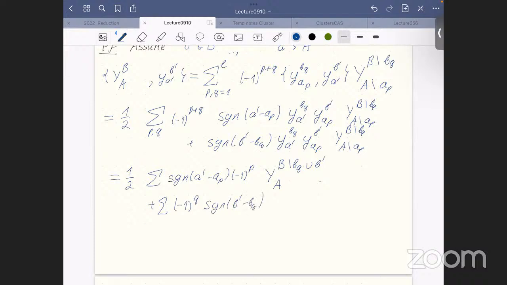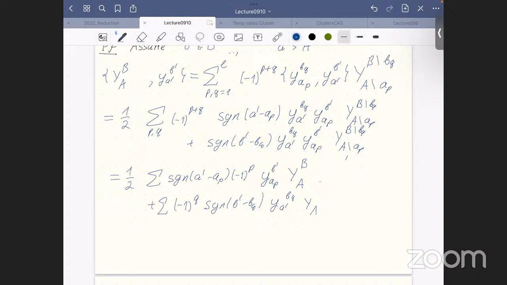We get similarly Y A prime BQ, and here we'll get Y. So here take summation over P. Maybe, yes, here should be some Y. So maybe I was wrong here.